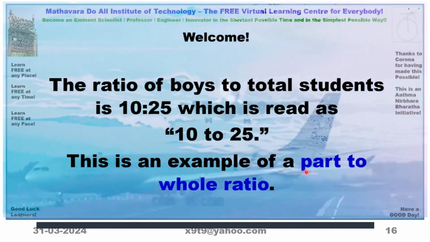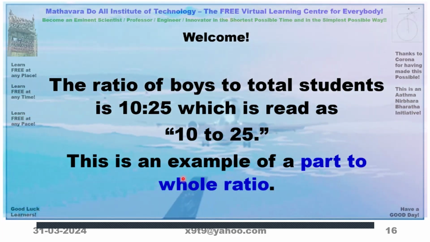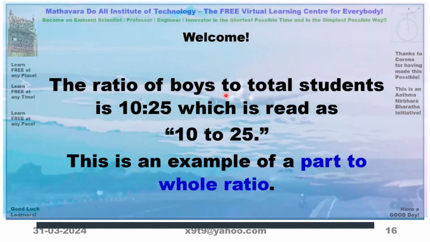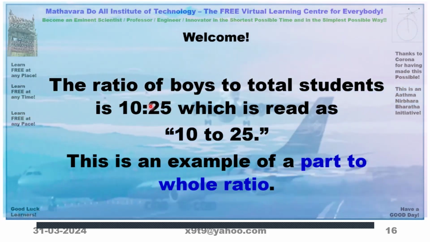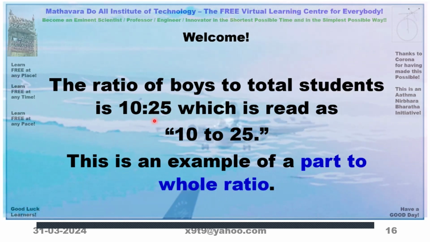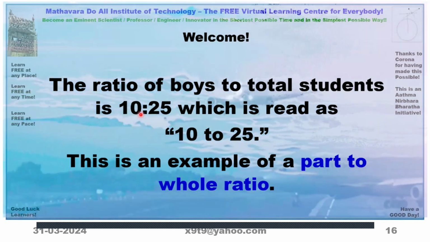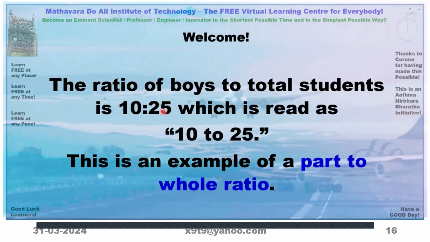This is an example of a part-to-whole ratio, because this 25 is the whole or total number of individuals that are there, and this is a part. So it is a part-to-whole ratio.